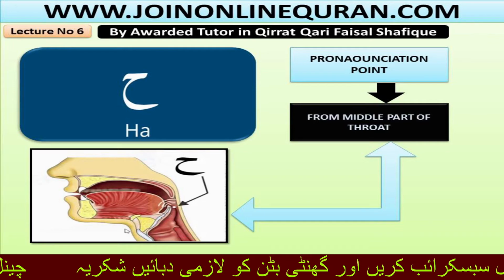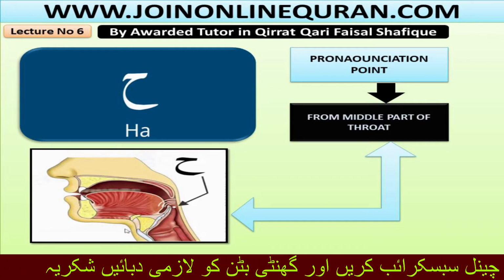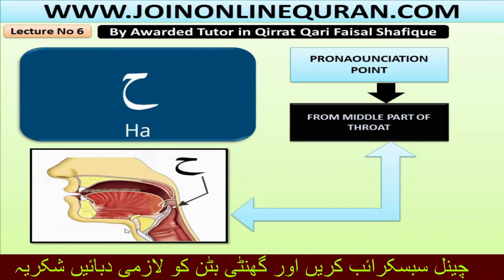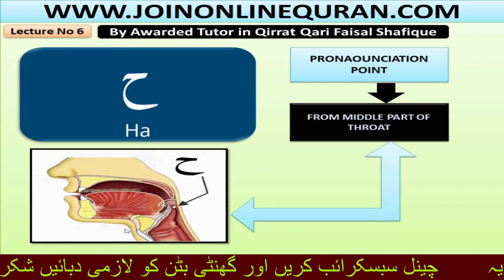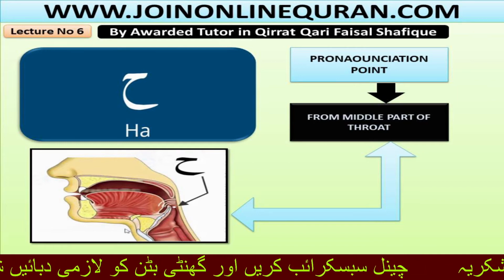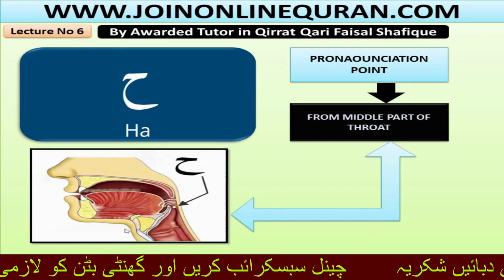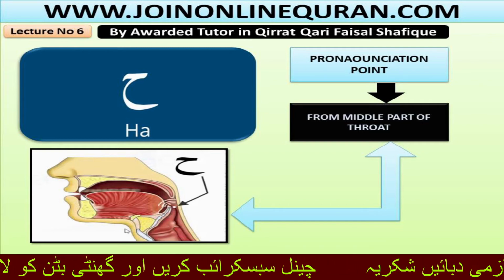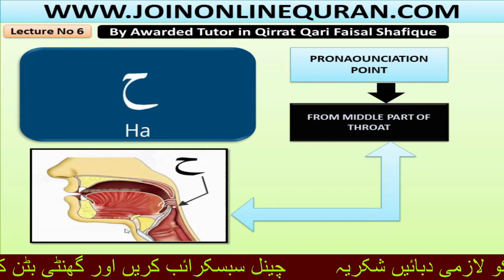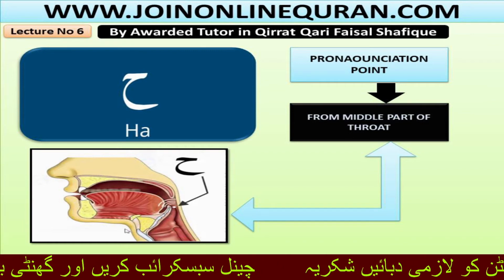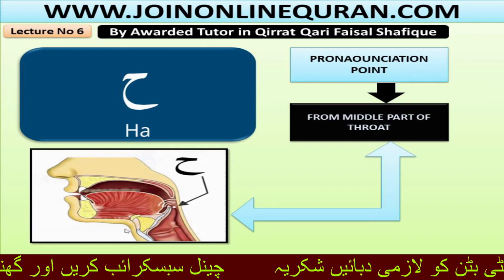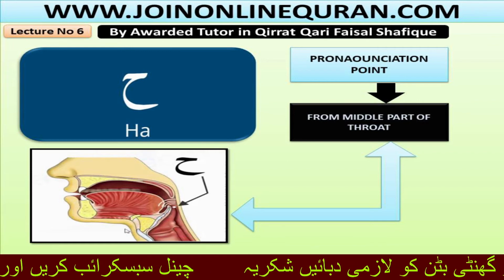And second thing, where can we originate this letter from? Look, in this picture this arrow is showing the part of the throat where we originate this letter Ha. There are three parts of your throat. The first one is the upper part of your throat, the second one is the middle part of your throat, and the third one is the bottom part of your throat.